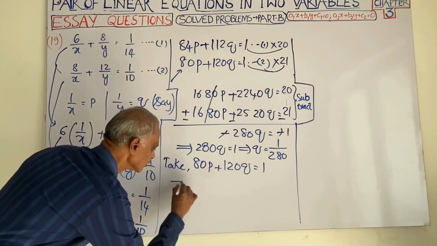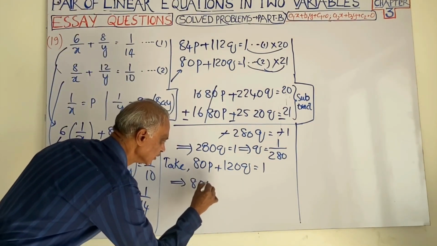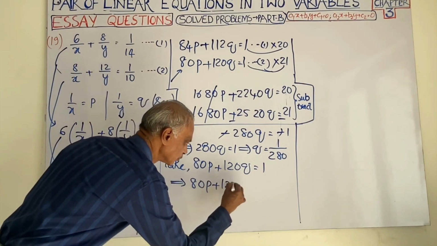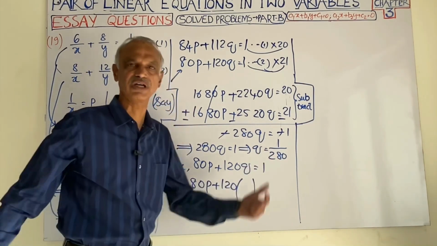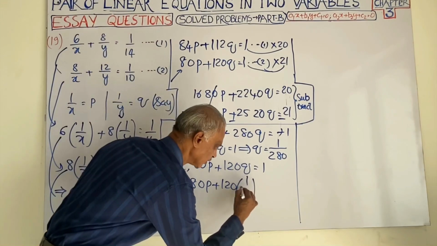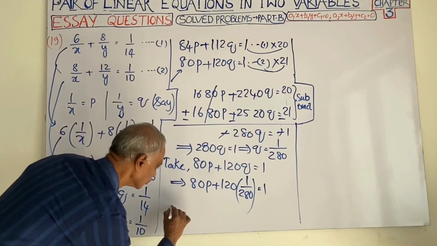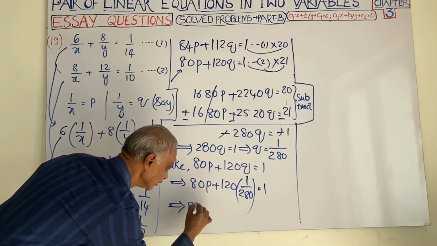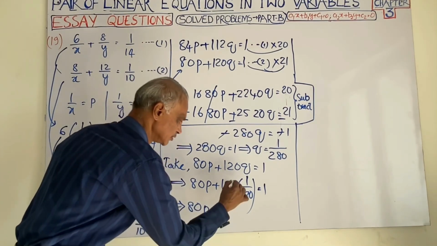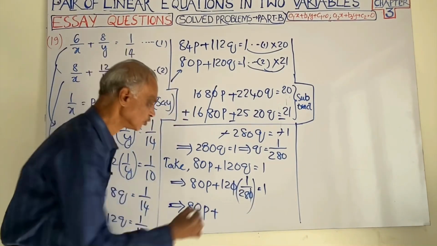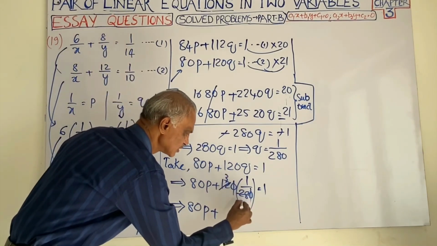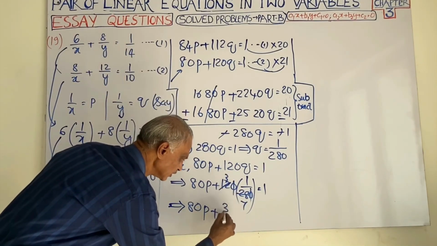See, 80p plus 120q. What is the value of q here? 1 by 280. 120 into 1 by 280 is equal to 1. Now, 80p plus 0 cancel. 4 3s are 12, 4 7s are 28. You will have 3 by 7.